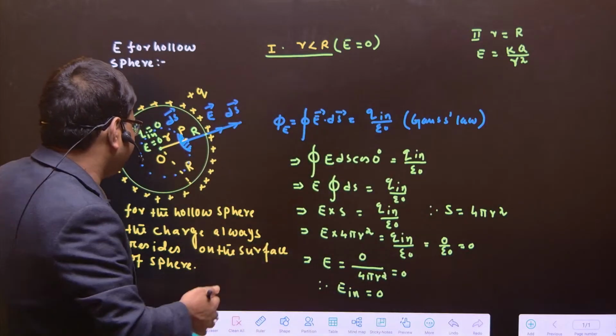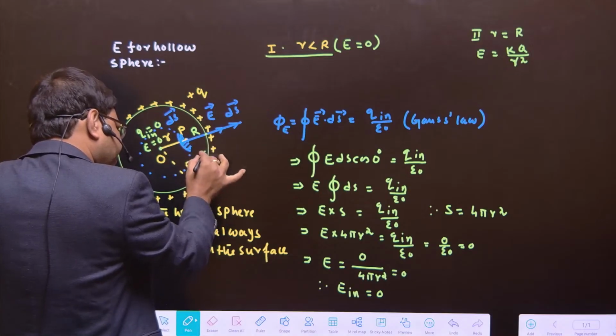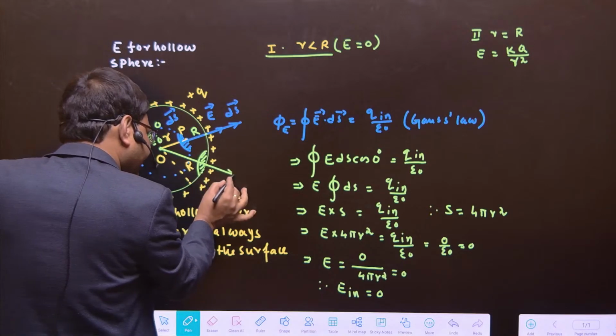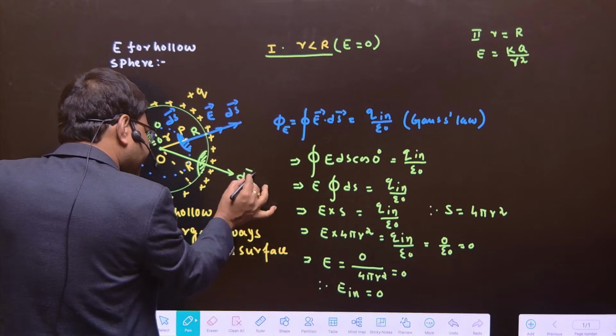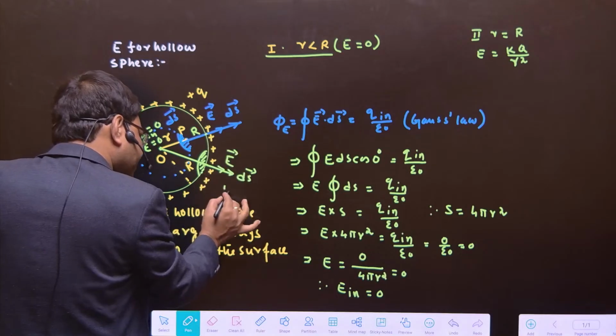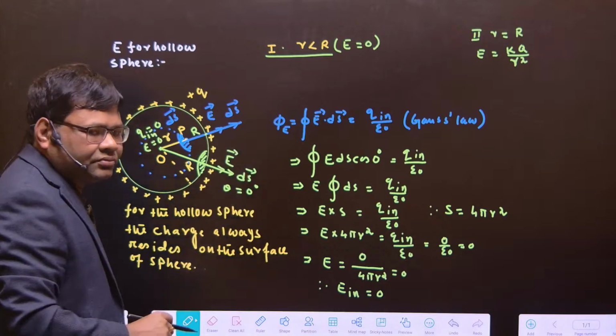Again, with the help of Gauss law, we can assume a very small surface. This is the direction of the area vector dS, and this is the direction of the electric field vector. The angle between them is 0 degrees. Then apply Gauss theorem.